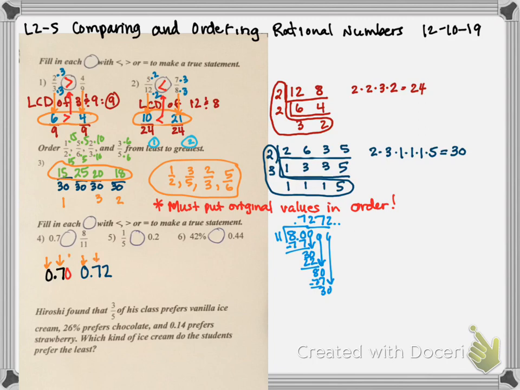And then I go to the hundredths column, and finally I see a difference, and I'm actually comparing 0 to 2. I know that 0 is less than 2, which means 0.70 is less than 72 hundredths, which allows me to conclude that 7/10 is less than 8/11.